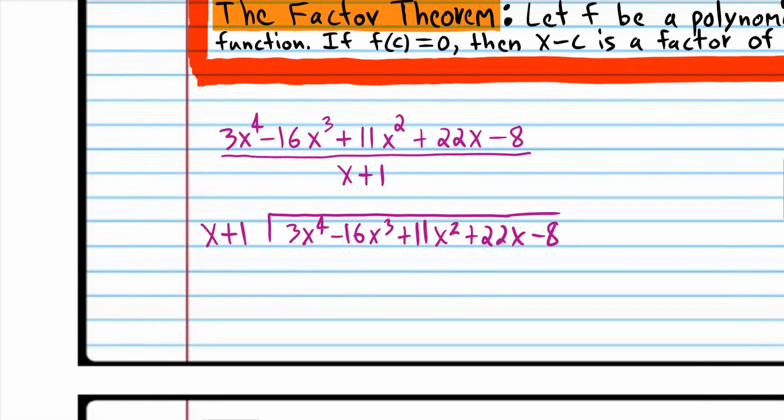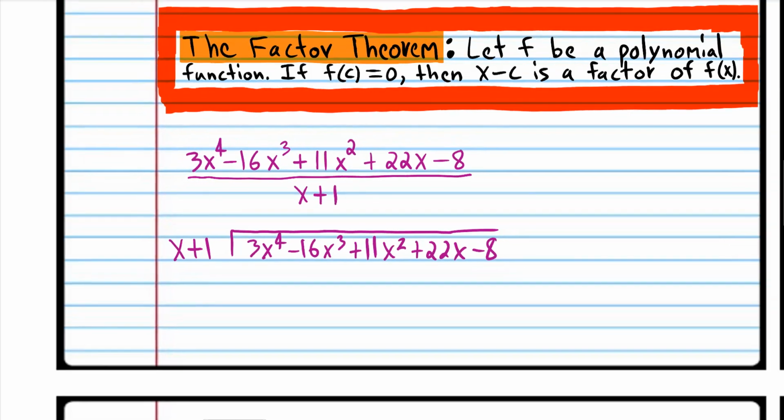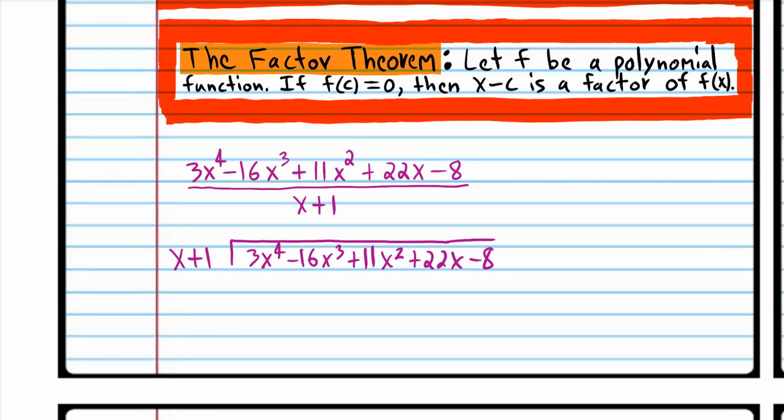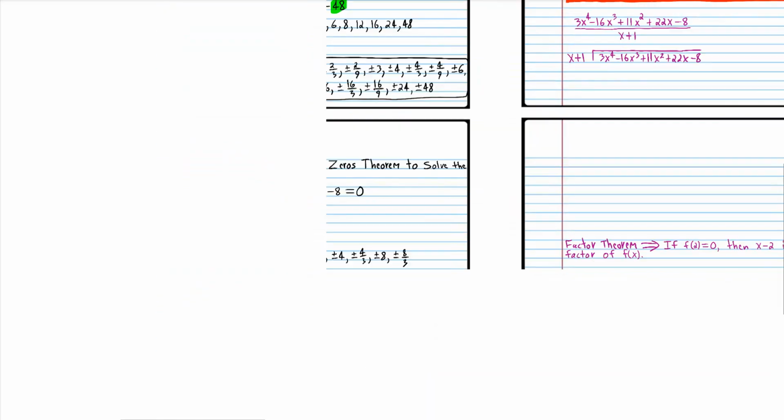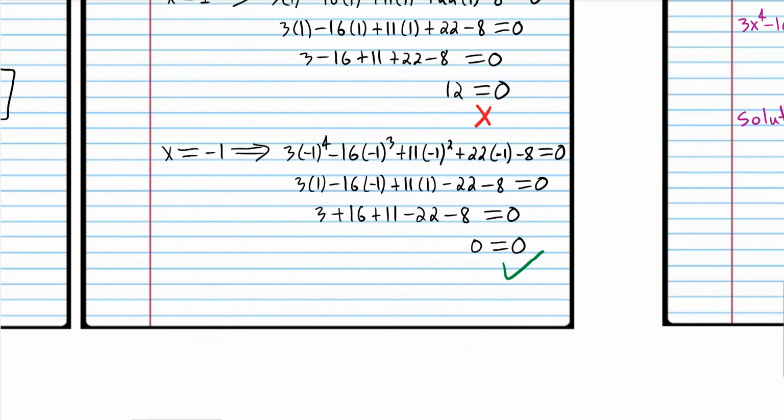So the polynomial equation that we're trying to solve, we're going to write the polynomial here. And we know that if you plug in -1 to this green polynomial, you get 0. We found that using the Rational Zeros Theorem.